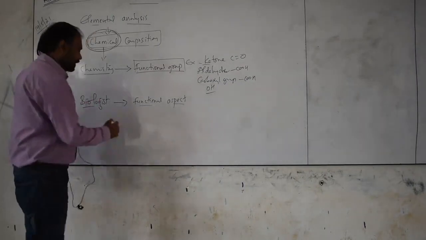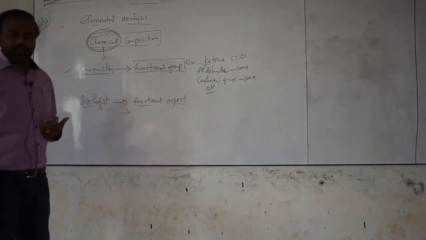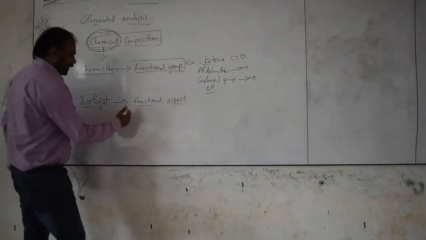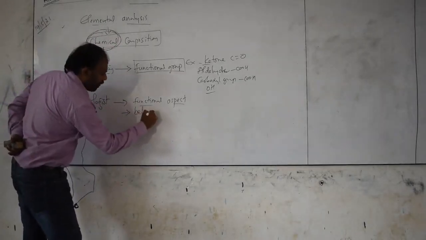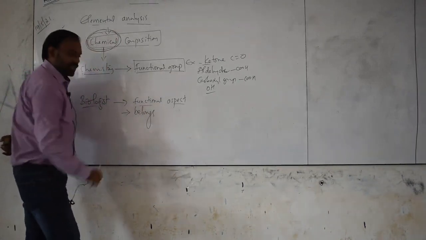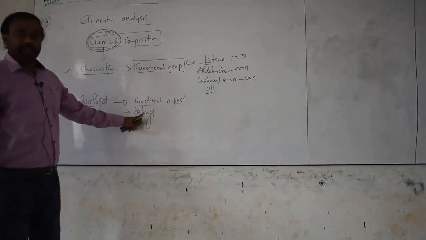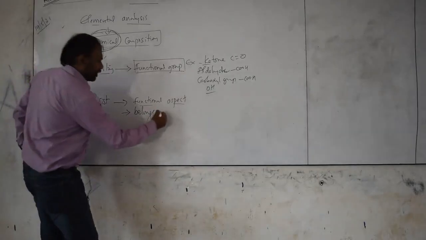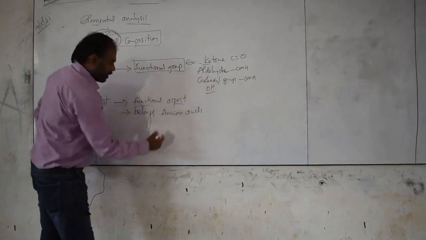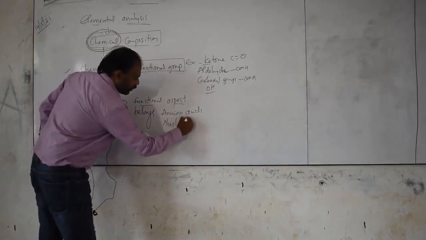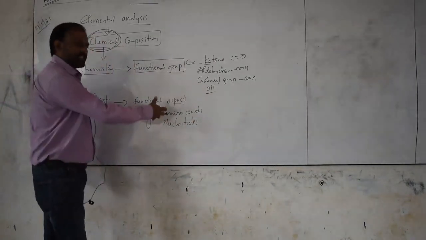so they are always concerned with the functional aspect. Along with that, according to the biological point of view, they are also concerned with whether those chemicals belong to amino acids, I mean to say the proteins, or they are nucleotides, which are present in the DNA and RNA, what we can call nucleic acids.